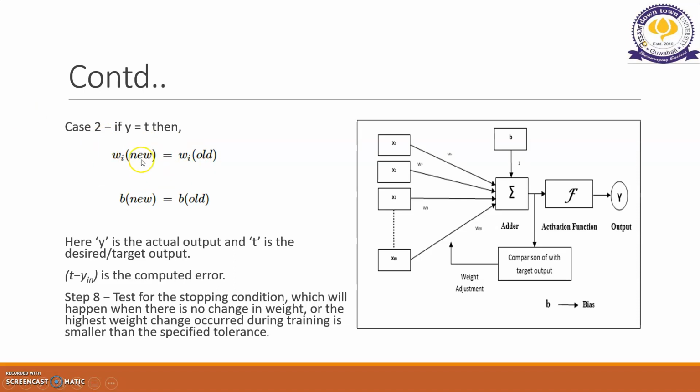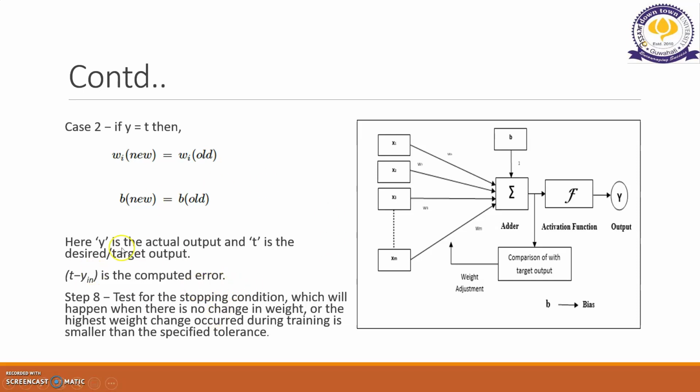So in this case, your new weight will be your old weight and the bias will be the old bias. Here y is your actual output and t is the target output, and t minus y is the computed error which I explained before.